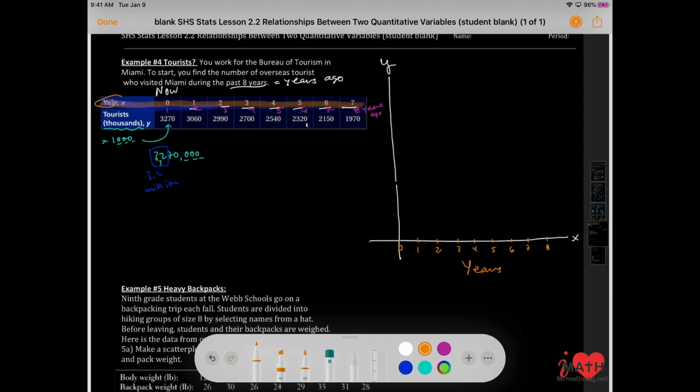And then this is tourists measured in, that's going to go on this side, right? So tourists, just copy all that, tourists in thousands. And this one was nice because it kind of tells you, look, that's the y variable. Okay, so what kind of scale am I going to use?